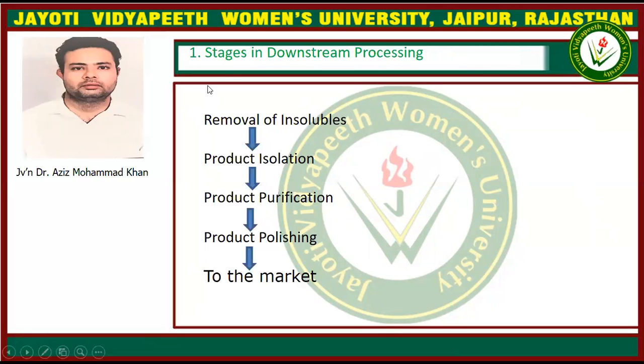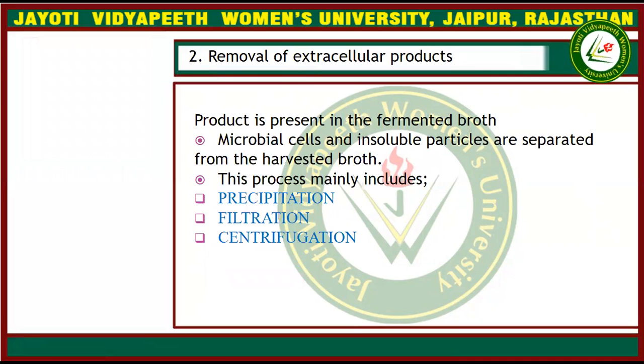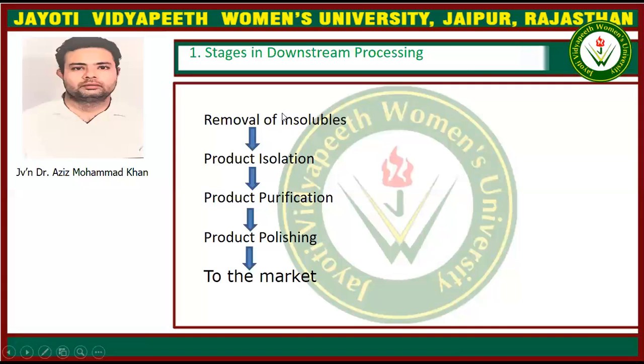So this is the first strategy for isolation of pure products, and then we can remove the extracellular particles through precipitation, filtration, and centrifugation methods. So first we remove the insolubles, then isolate the products and purify the products.